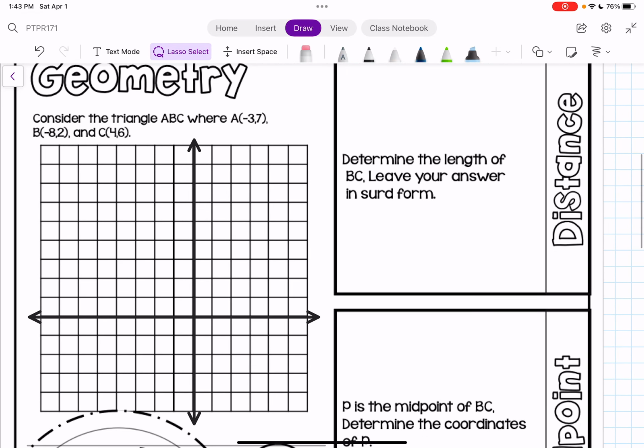And remember, we need to label our axes. And we also need to put in a scale.